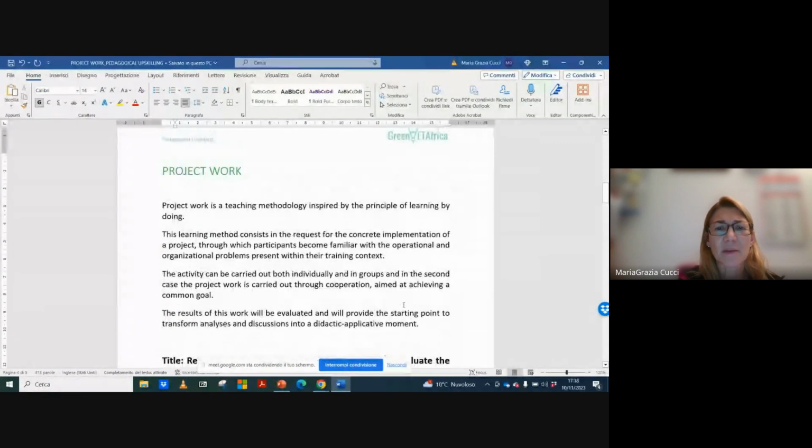So the first very important thing is to define exactly what we intend, what we think about when talking about a project work. Maybe some of you already had the opportunity to make some project works during their academic life, during their working life.